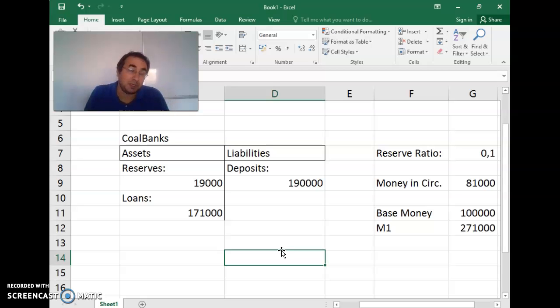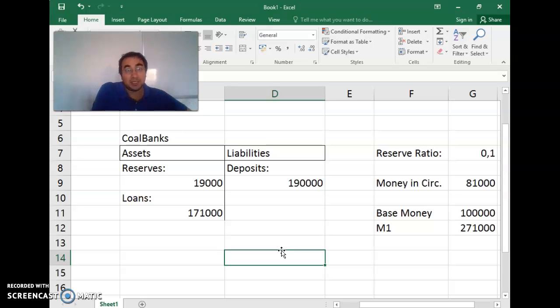Now the deposits will become $190,000, since people who have this paper money as loans can put it to the bank, or they can spend that money and the people who earn it can put it into the bank. Now the bank has this $90,000 back, plus the initial $100,000, and the deposits are worth $190,000.